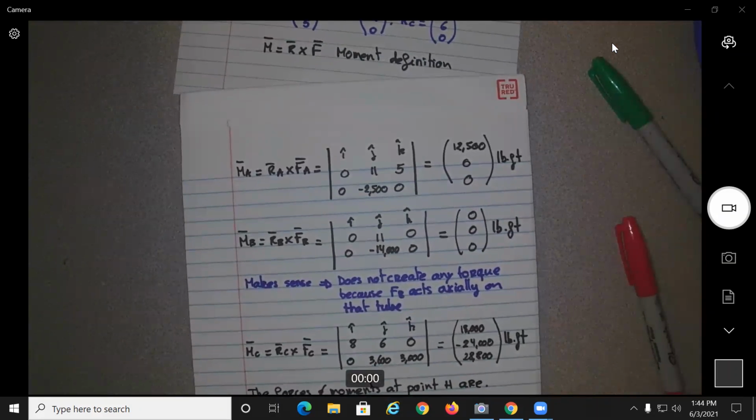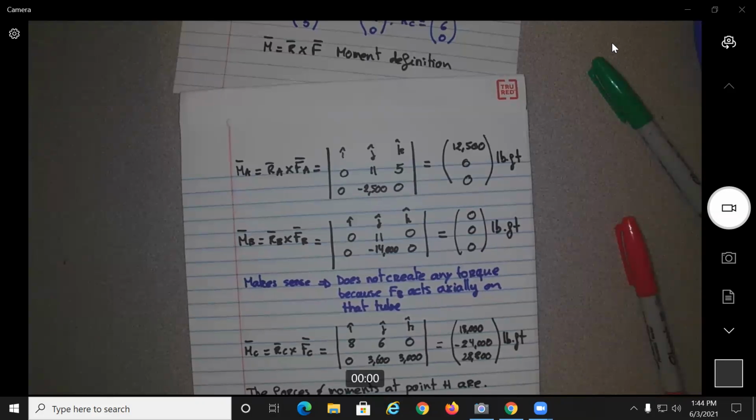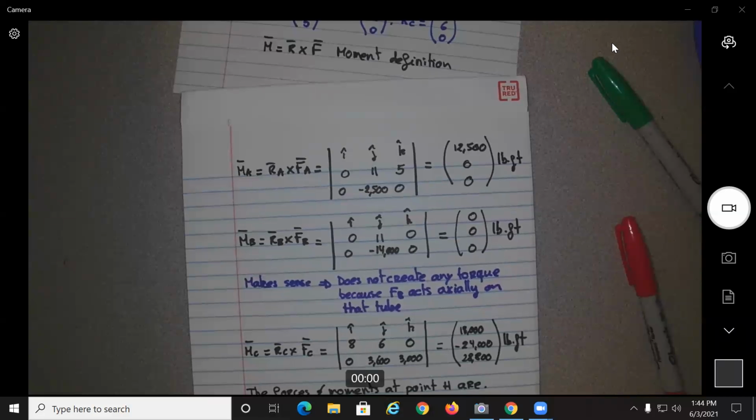what? So forces will be equal to F sub A plus F sub B plus F of C, which this will give you what? Let's see, F sub A is 0 minus 2500 plus 0 minus 14,000, 0 plus 0, 3600, 3000.